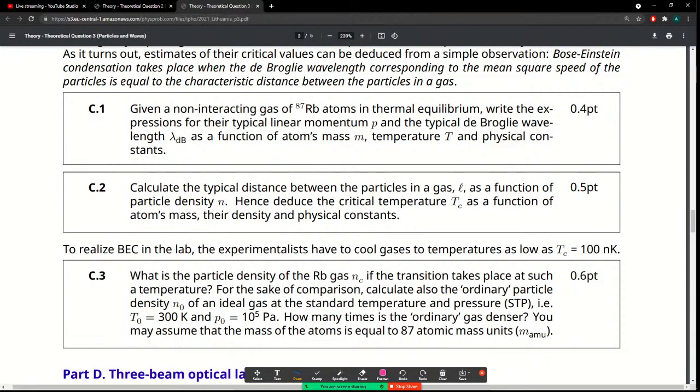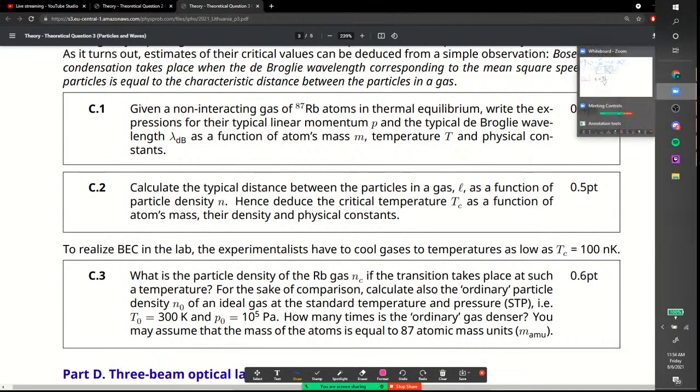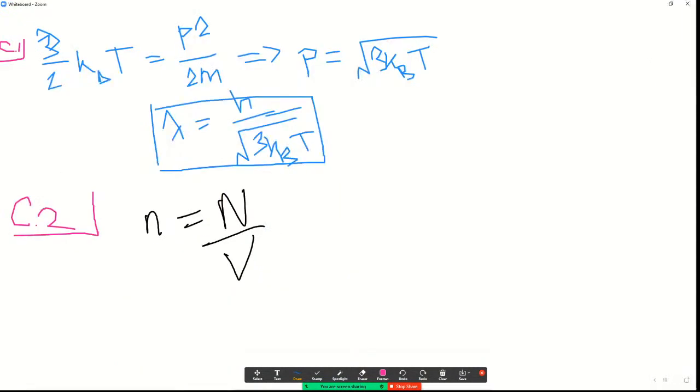But what will we do with the particle density N? N is the number of particles per unit volume, so N over V. I think they should define a typical distance.